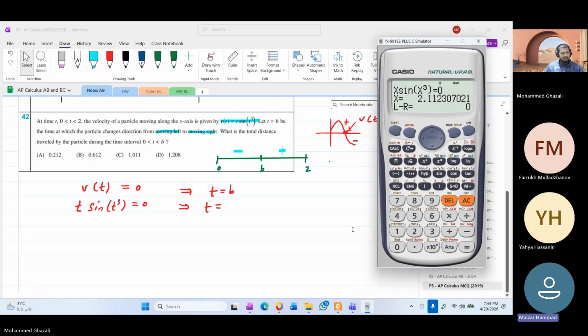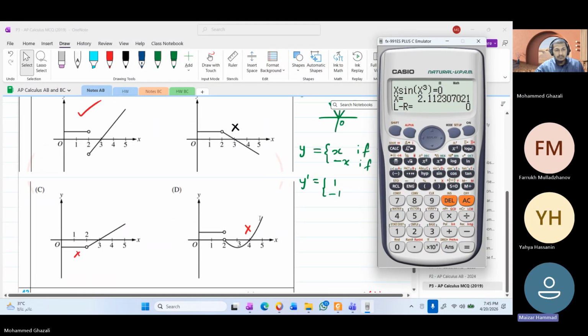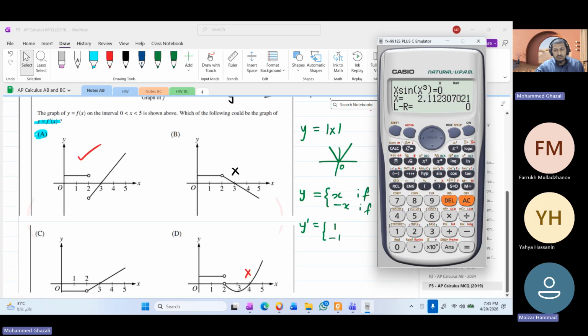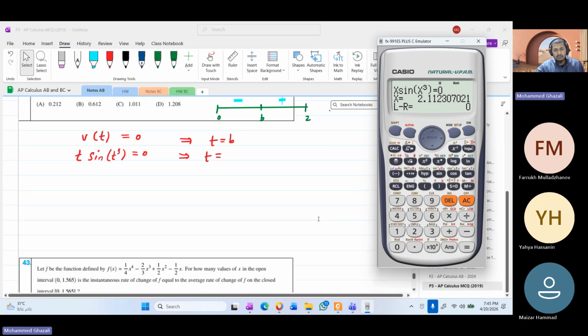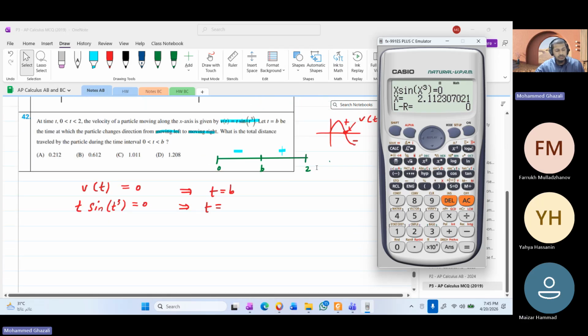Maybe your graphing calculator might give a different answer. I was still thinking of the previous question. I'm getting 3.15. You can't get 3.15. The answer is supposed to be between 0 and 2.